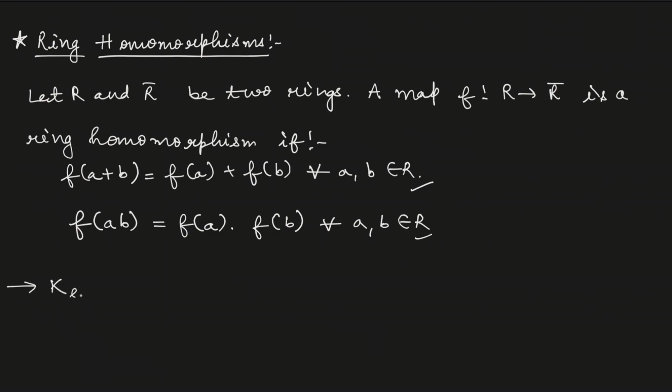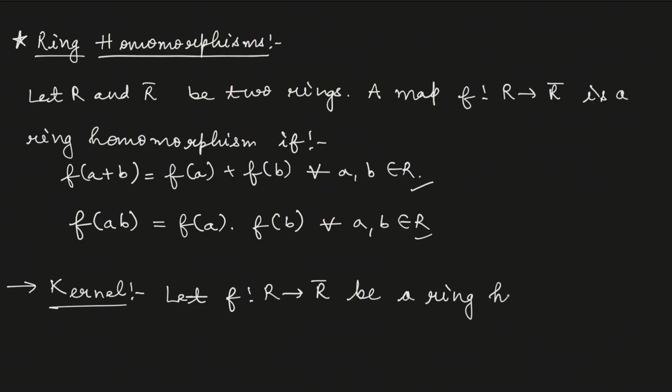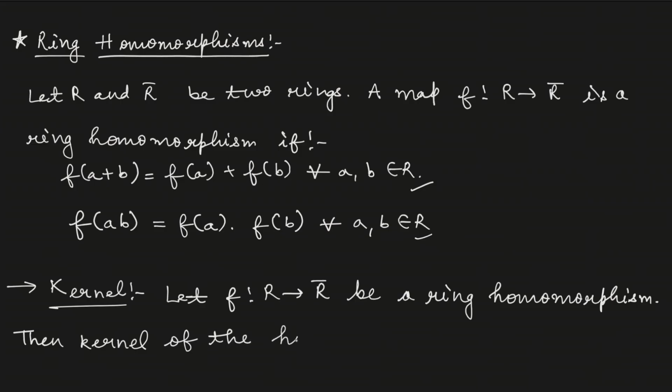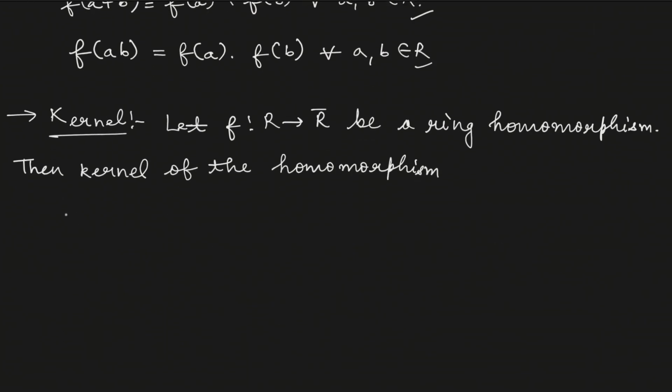Next is, what is a kernel? Let f be a mapping from R to R bar, a ring homomorphism. Then the kernel of the homomorphism, kernel f, is equal to the set of x belonging to R such that f(x) is equal to 0.